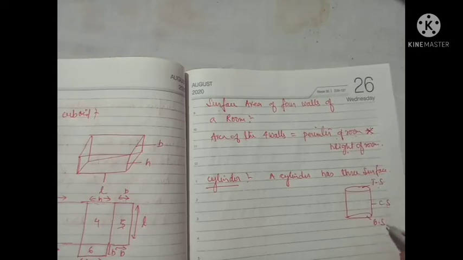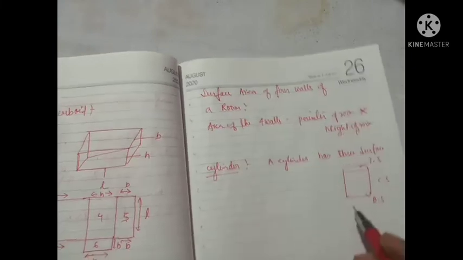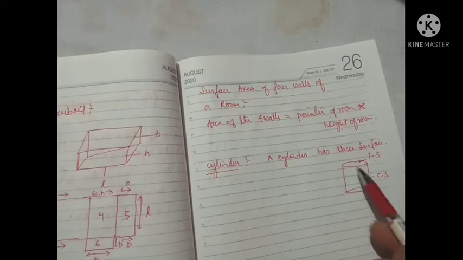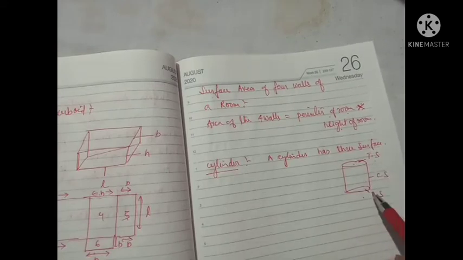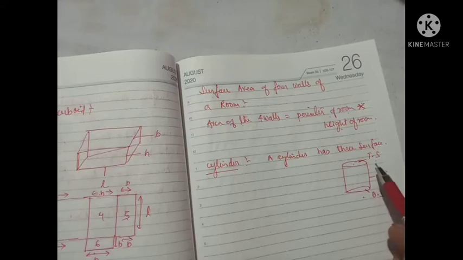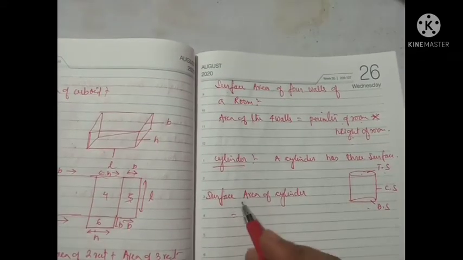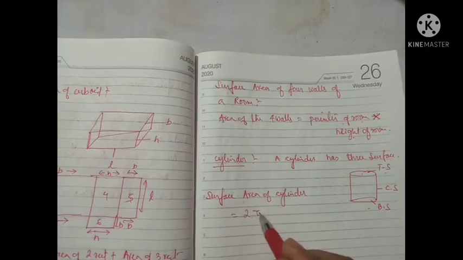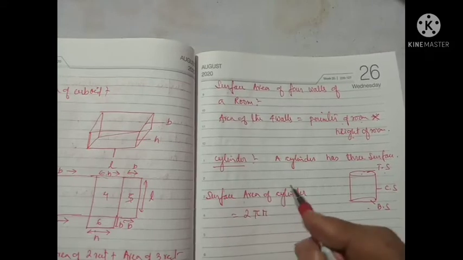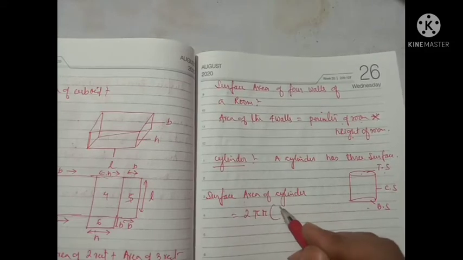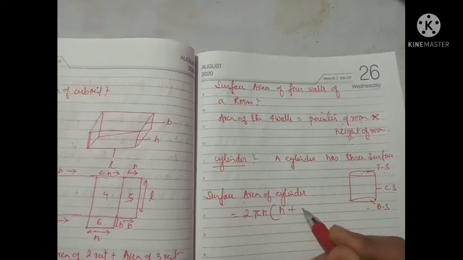Now there are three types of surfaces in this cylinder. The top and the bottom surface, that is the base surface, are circular, and the top surface and the bottom are identical. So the surface area of the cylinder is equal to 2 pi r (height plus r).